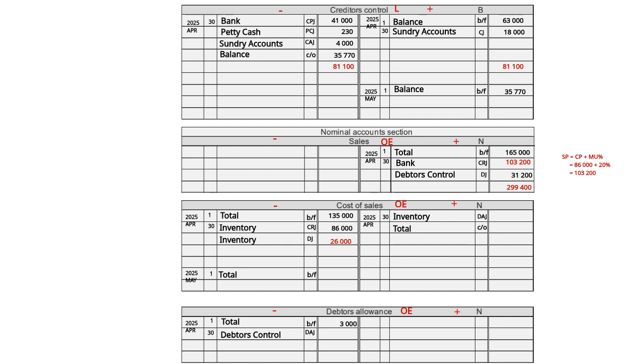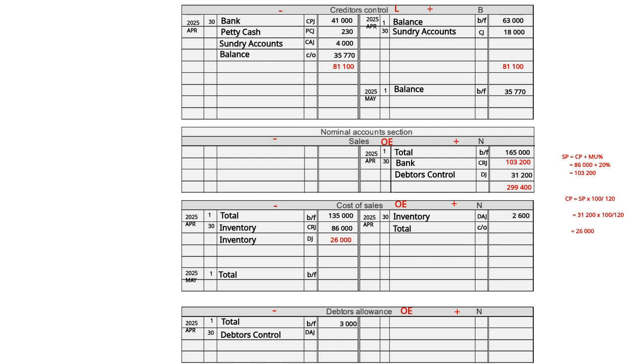I'm putting it in red just to show you it was a calculation. If you forgot how we worked it out, you take your selling price, you times it by 100 divided by 120. Our selling price is 31,200 times 100 over 120, which gives you 26,000. Then on the credit side, our cost of sales DHA total is 2,600.